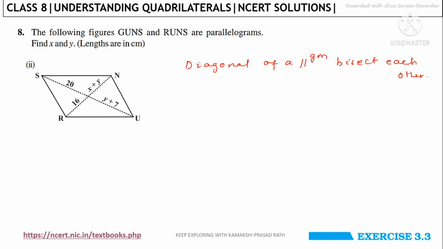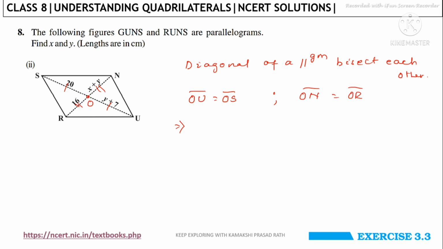Hence when the diagonals bisect each other, let us assume the diagonals meet at the point O. So we can say OU equals OS. Similarly, ON equals OR.